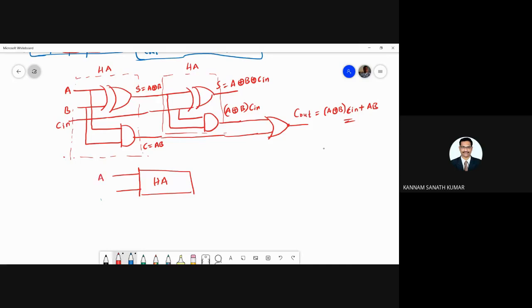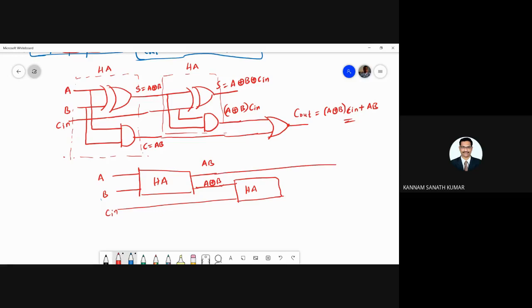These are the inputs A, B. We are getting the outputs: one is carry AB and one is sum A XOR B. Again, this is given to one more half adder. So this one is Cin.